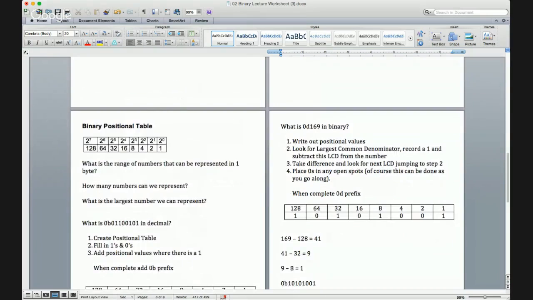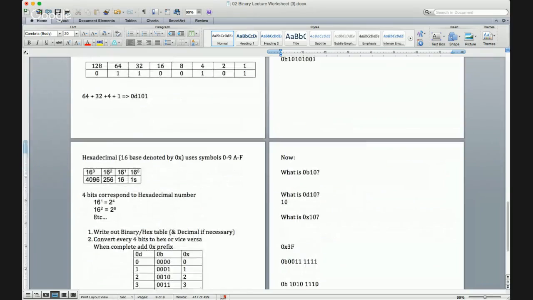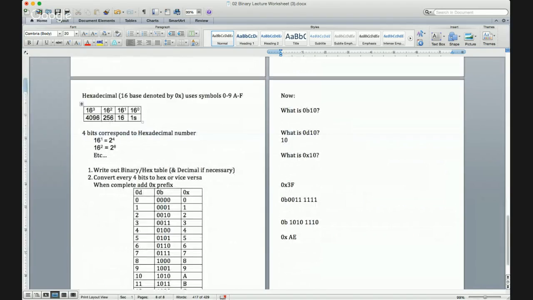Okay, so here's that binary positional table. It's the first thing you should be doing. If you have to do a conversion, write it out. 1, 2, 4, 8, 16, 32. The hexadecimal is the ones place and then the 16s place. So if I look at the decimal value of binary 10, well, I have no ones and I have 1 two.